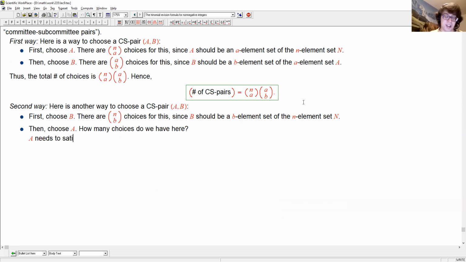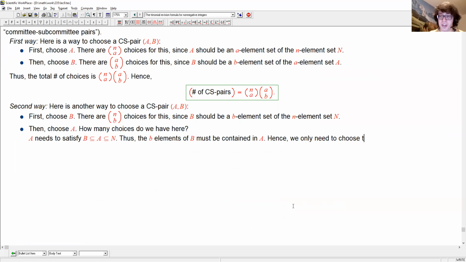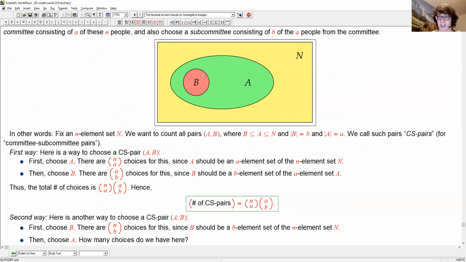A needs to satisfy B subset A subset N. Thus, the b elements of B must be contained in A, since B is a subset of A. Hence, we only need to choose the remaining a minus b elements of A. So b elements are already accounted for, and we need a elements in total, so a minus b remain. And these a minus b elements need to come from N without B, because we've already chosen all the elements of B, so we only have the elements of N without B left to choose from.